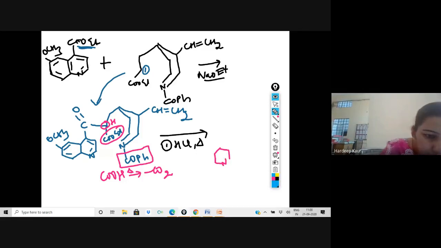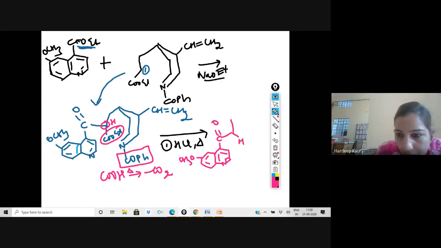I forgot to put a double bond here. Okay, so this is formed. So when this is formed, we will be having this thing, double bond, OCH3. C double bond O. Now here we have, instead of ester, we have H, and the rest of the molecule remains as such.